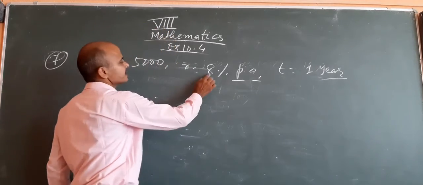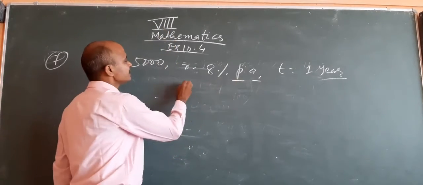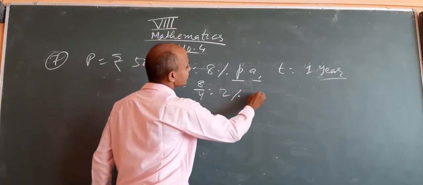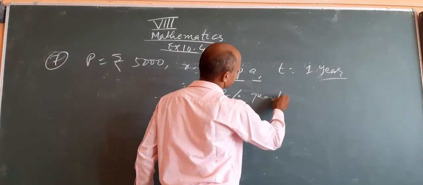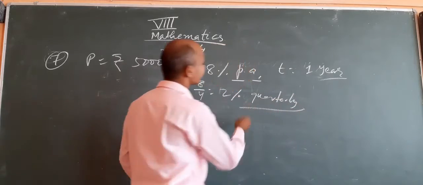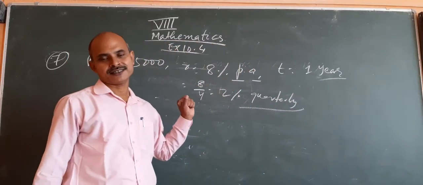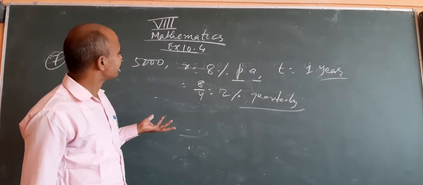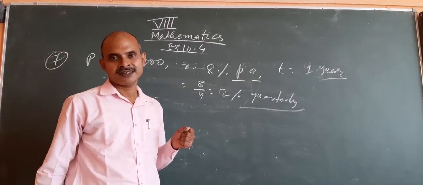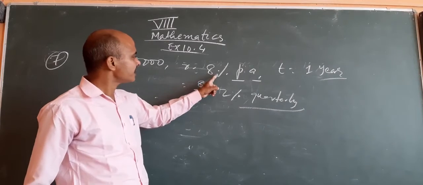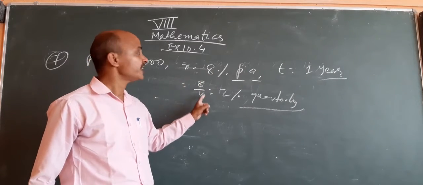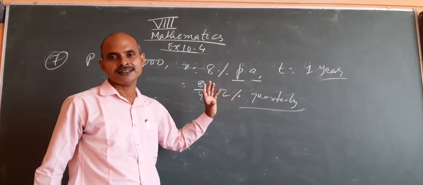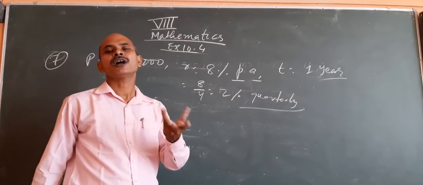So 8% per annum means 8 by 4 is equal to 2% quarterly. Quarterly rate is 2%. Suppose if the interest is compounded half yearly, then we will divide 8 by 2, sorry, 4% half yearly. Means in a year there will be 2 half years.